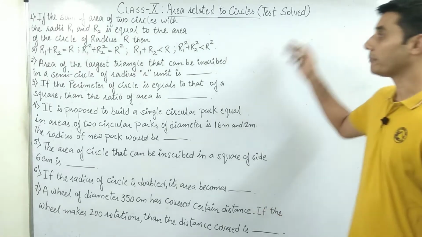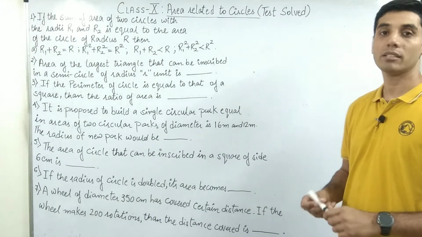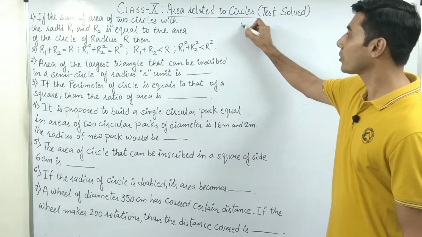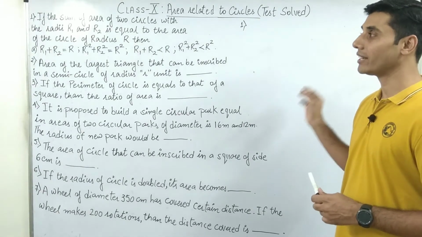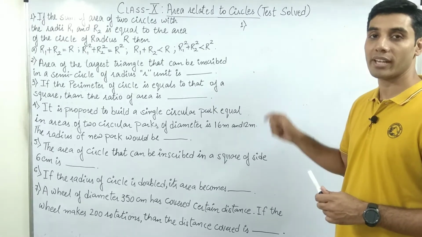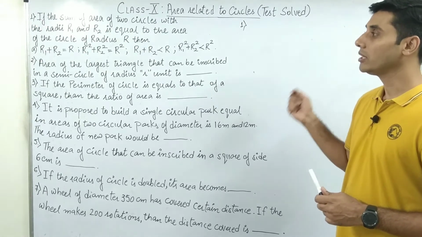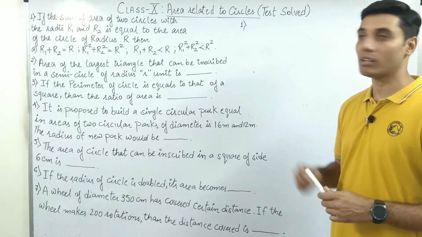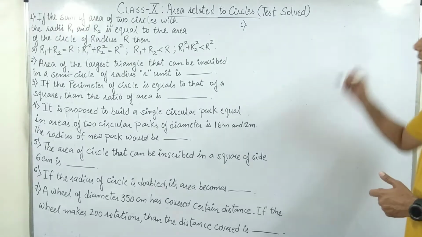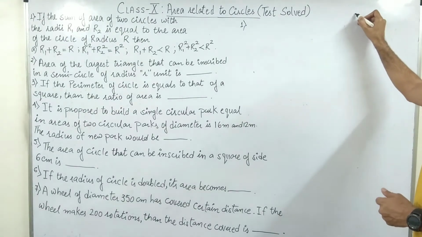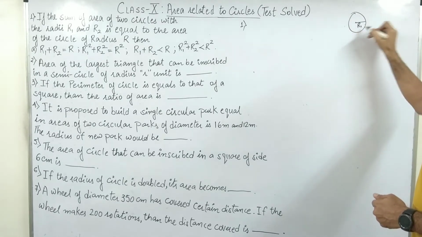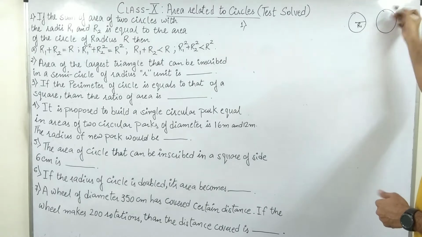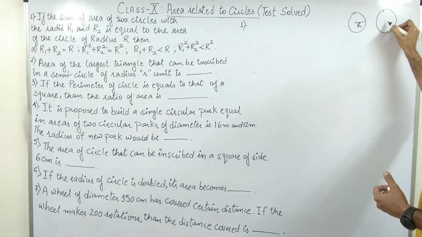Okay, anyway, let's come back to question number one. Question number one reads something like this. If the sum of the area of two circles with the radii r1 and r2 is equal to the area of a circle of radius r. So there are these two circles of radius r1 and r2, and I don't know which is bigger or smaller because they haven't mentioned.